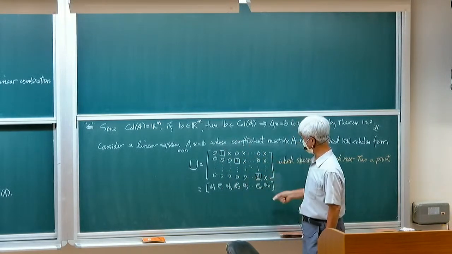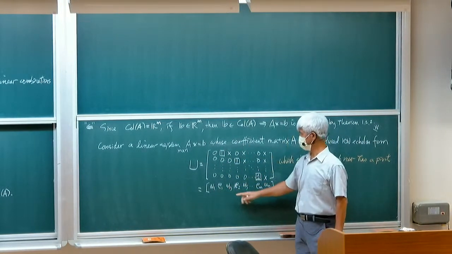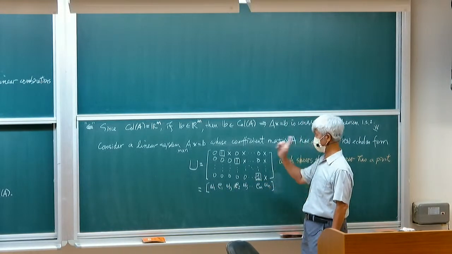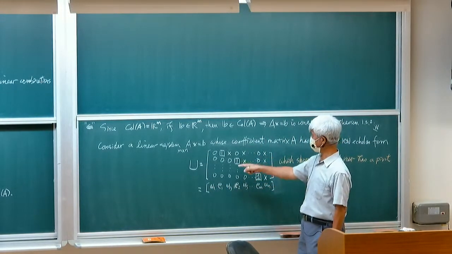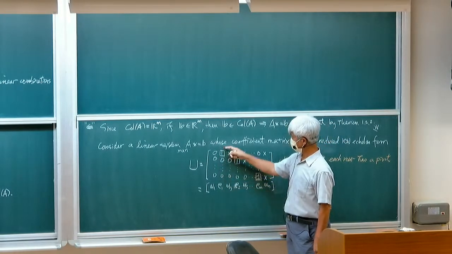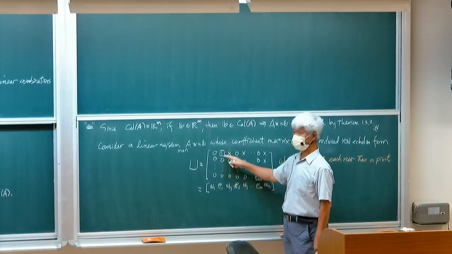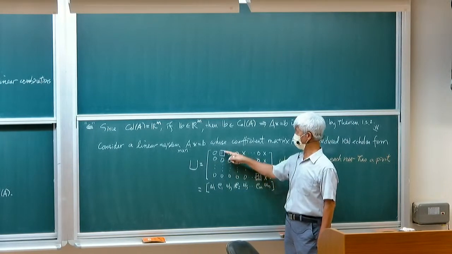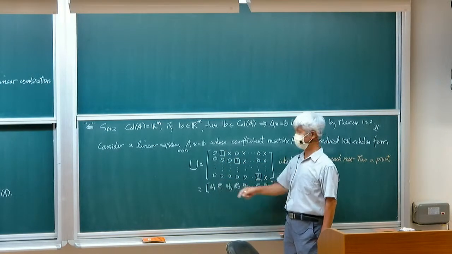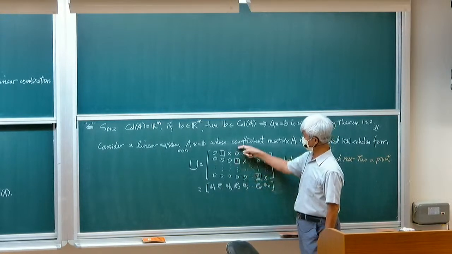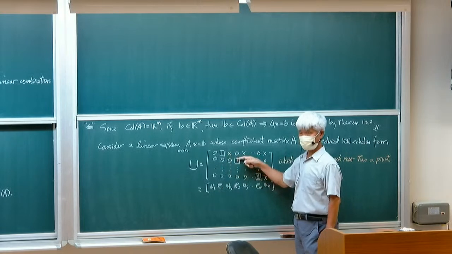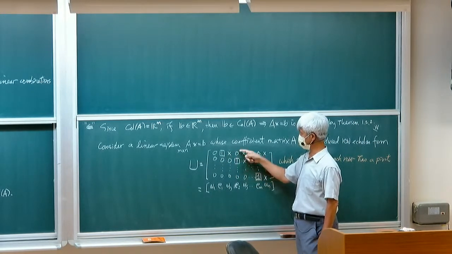So you have N columns here: U1, U2, U3 up to UN. But in here, the second column is E1, the standard unit column vector. And this column is E2, corresponding to the second row, where we have a pivot here.